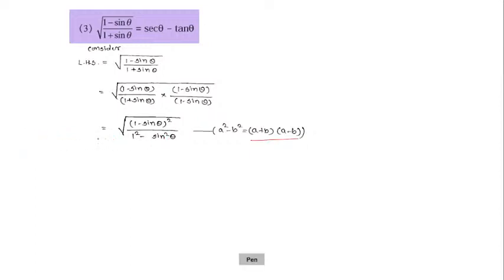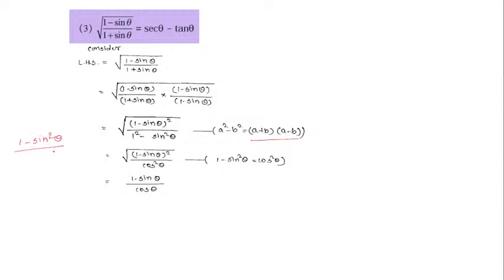Now in the next step, we have in the numerator 1 minus sin theta bracket square as it is, instead of 1 square minus sin square theta, that is 1 minus sin square theta, we have the replacement cos square theta. As we have the relation between sin theta and cos theta, that is sin square theta plus cos square theta is equal to 1.